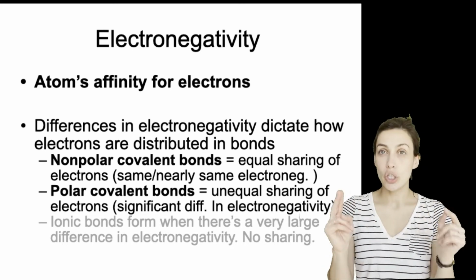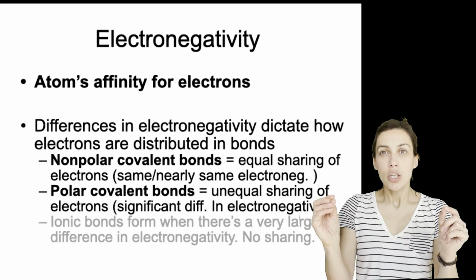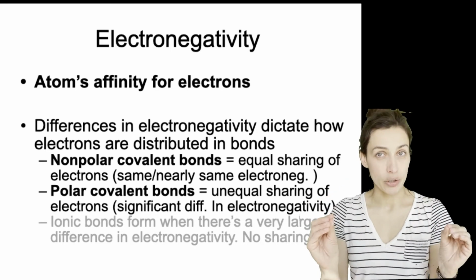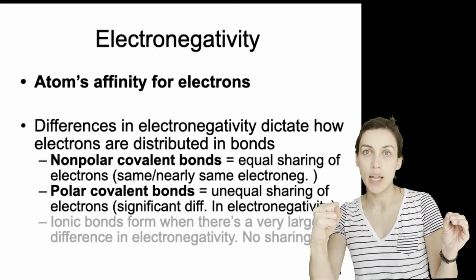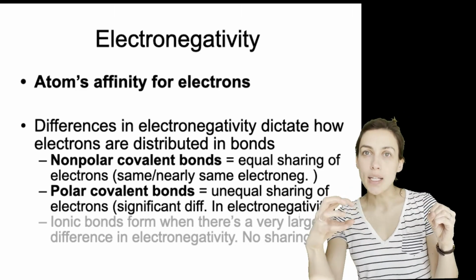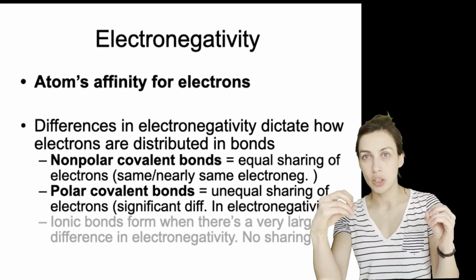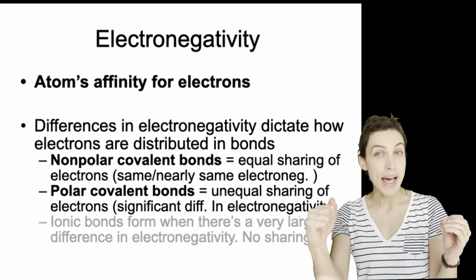However, if the two atoms that are participating in a covalent bond have very different electronegativity, one is able to pull really strongly and the other one isn't pulling, then the electrons end up being much, much closer to the nucleus of the more electronegative atom.